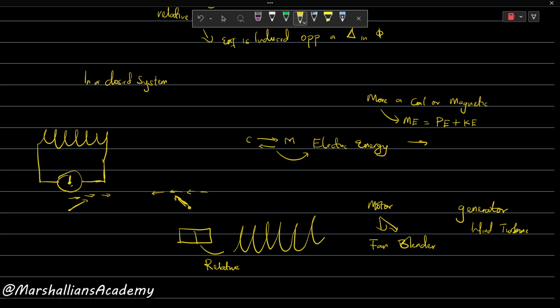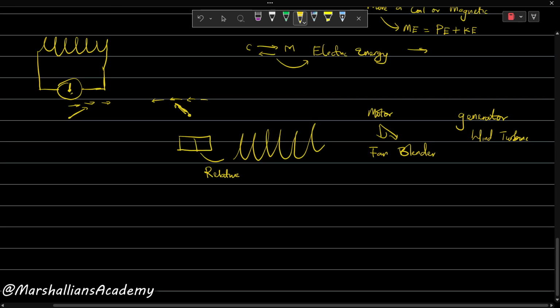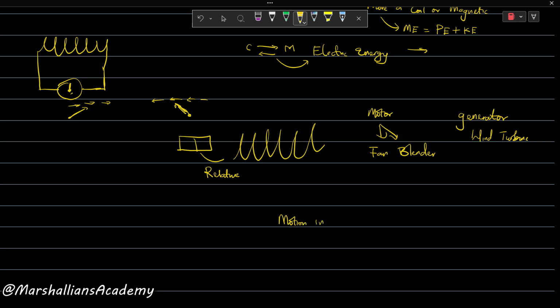So when we have motors and generators, there is one law that describes the relationship between the motion in the generator... okay, let's start from the motor. In the motor, the motion in the motor, the direction of the magnetic field. Now look at it, there are three elements here: motion, field and electric current.